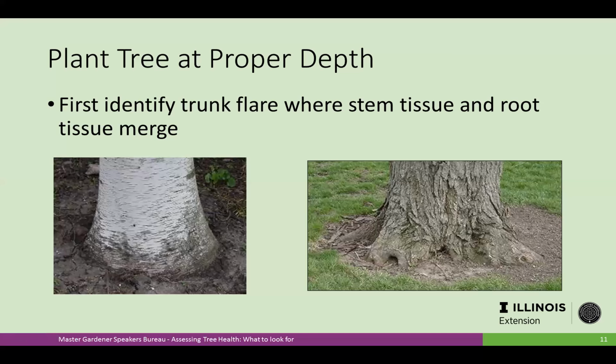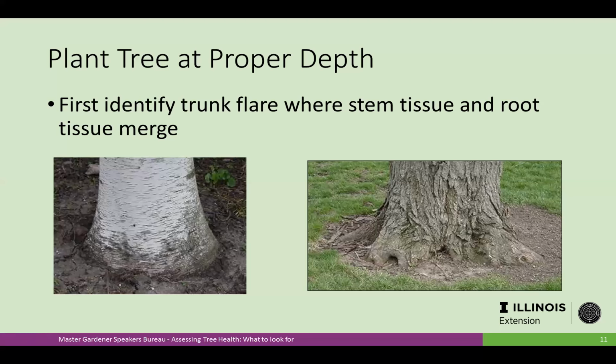Unfortunately, sometimes you get a new tree in a pot where it was planted too deep in the pot. And so you come along and you think, well, all I have to do is plant the tree so that the level of the soil it's going into is the same as the level of the pot.